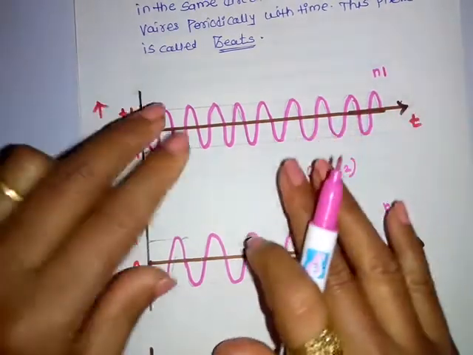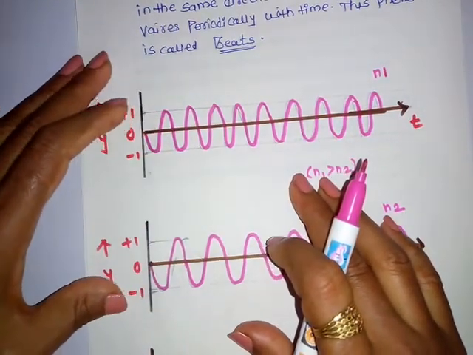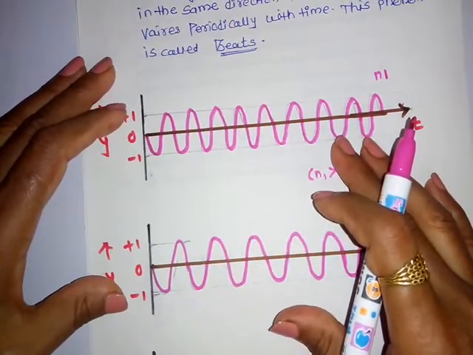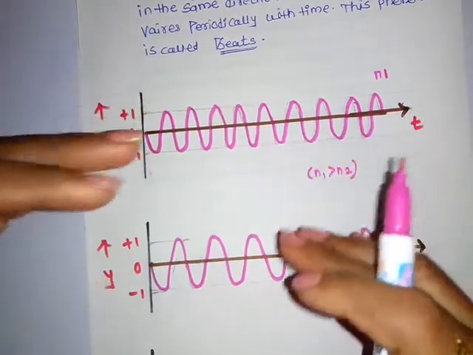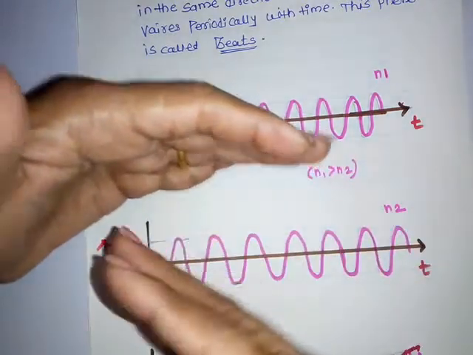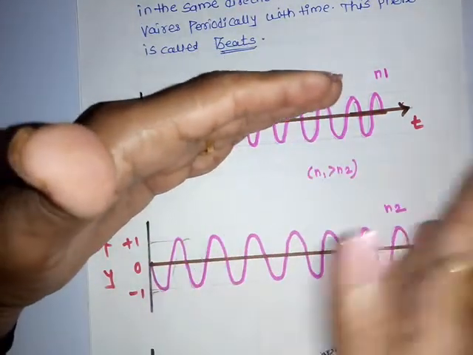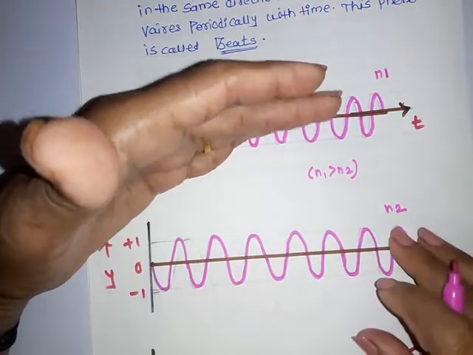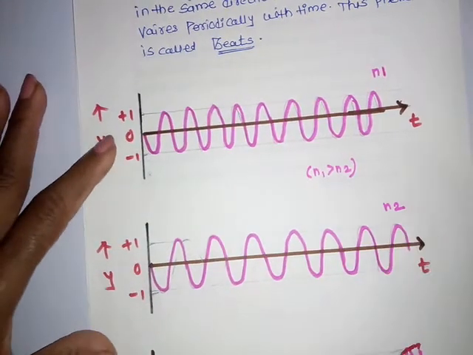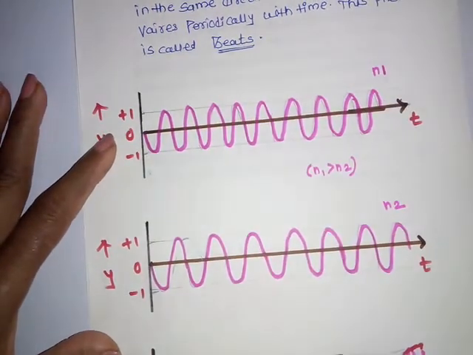Now when these two waves, traveling in the same direction, are superimposed, then the resultant intensity of that wave varies periodically. Means intensity varies with time.